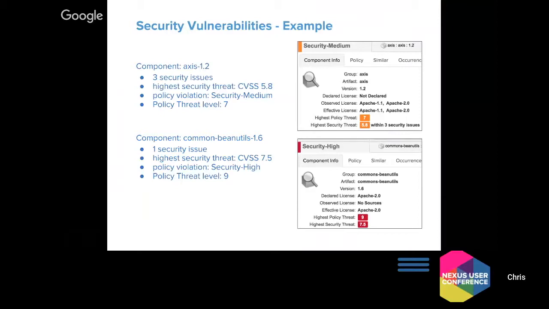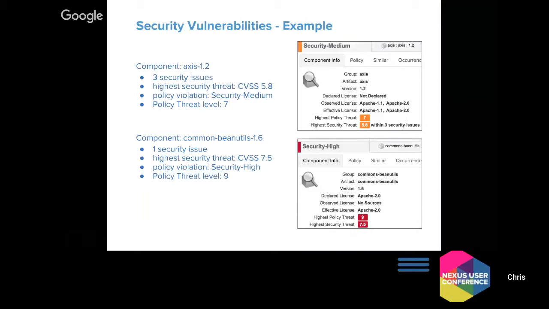If this component was scanned in your application, then you would have a policy violation of security medium, right, with a threat level of 7. So that's based upon the reference policies that we have. This violation will actually show up on the report as an orange threat. And again, this is wholly customizable by your security team. So it's important because it may not be as critical as other violations as well, right?